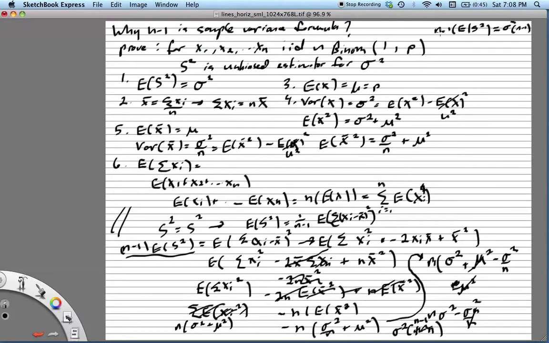And of course, drum roll please, the n minus 1's cancel, and we're left with the result we wanted, which is the expected value of the sample variance is in fact equal to sigma squared. Yay!